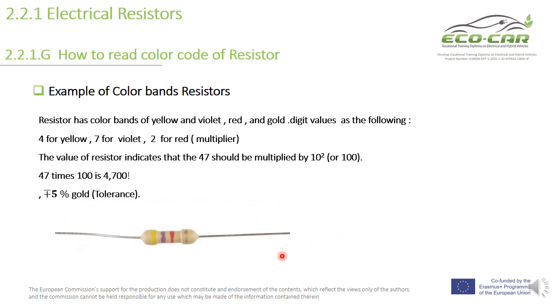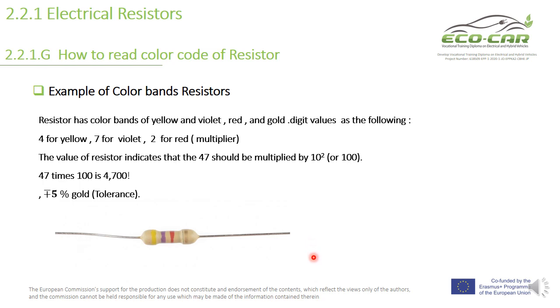So yellow means 4, violet means 7, red means the multiplier by 2, meaning 2 zeros.